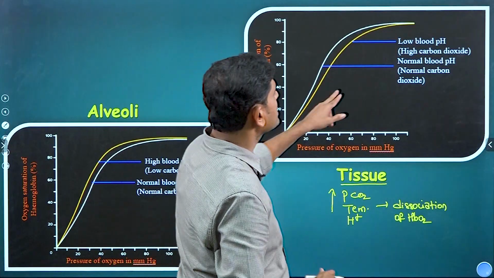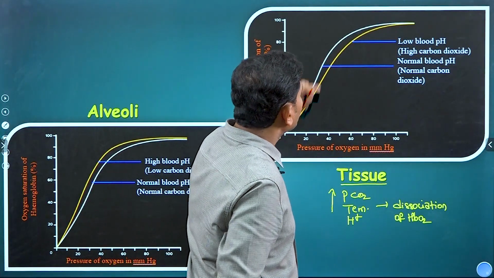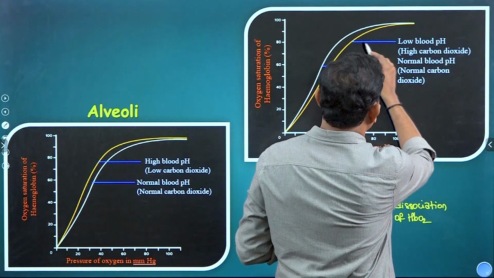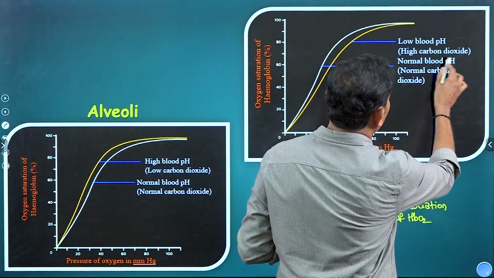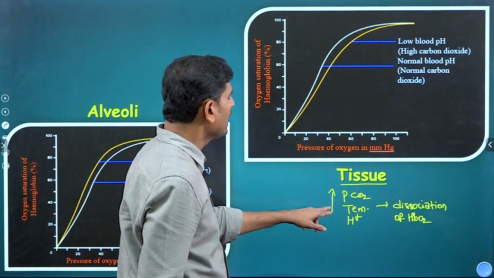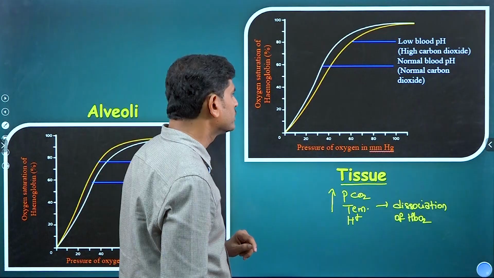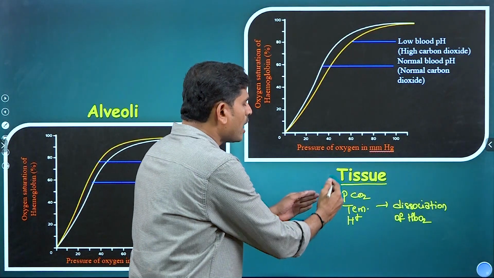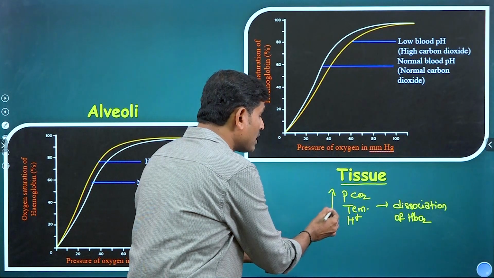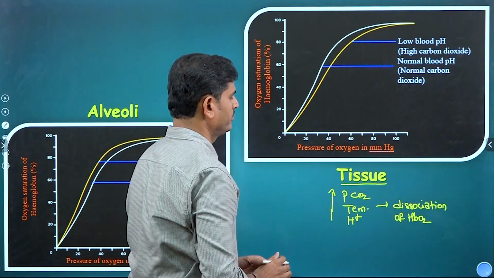So in this graph, normal carbon dioxide and low blood pH, and next high carbon dioxide with normal blood pH. So in tissues, the partial pressure of CO2, temperature and concentration of H plus ions are higher here.